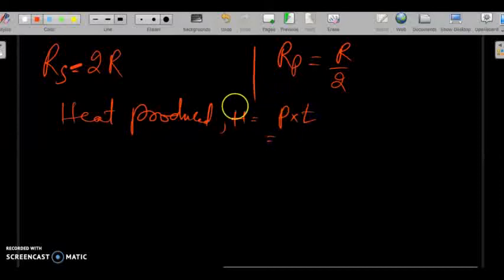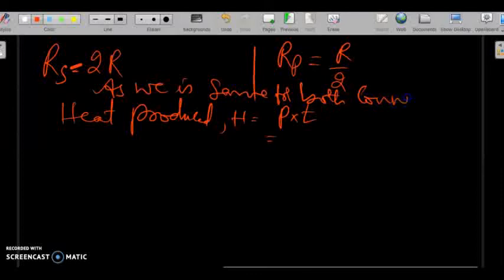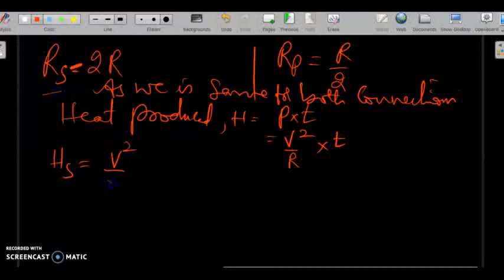As V is same for both connections, heat produced H equal to P into T. So that will be V square by R into T. So for Hs it will be V square by Rs into T, and for Hp equal to V square by Rp into T.